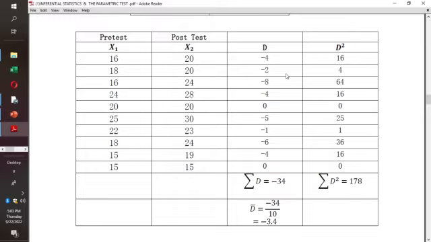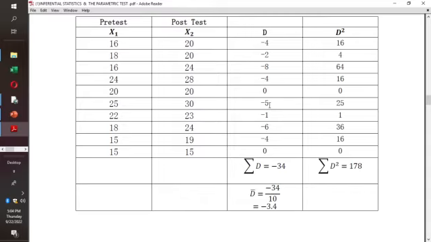The difference of 18 and 20 is negative 2... the square is 4. 16 minus 24 is negative 8, and the square of negative 8 is positive 64. 24 minus 28 is negative 4, the square is 16. 20 minus 20 is 0, so its square is also 0. 20 minus 30 is negative 5, and the square is 25.